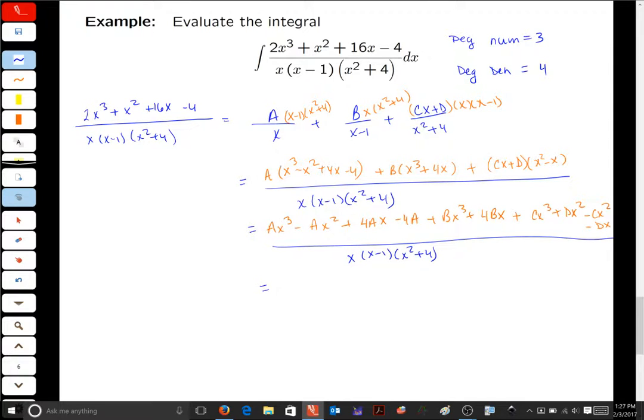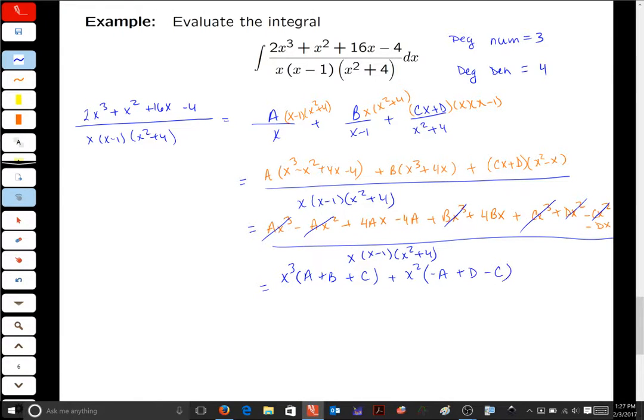Now group this together in terms of x cubed. What do you have times the x cubed? We have an a plus b plus c. Those are the x cubed terms. What do we have times the x squared? Negative a, yes, plus d minus c.